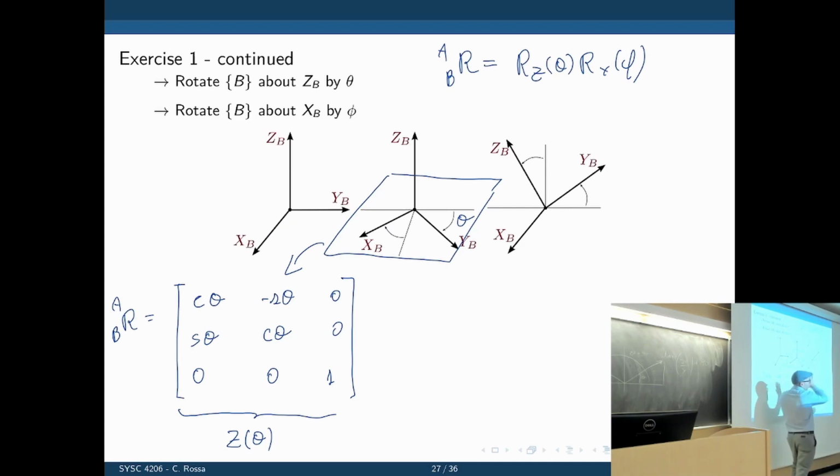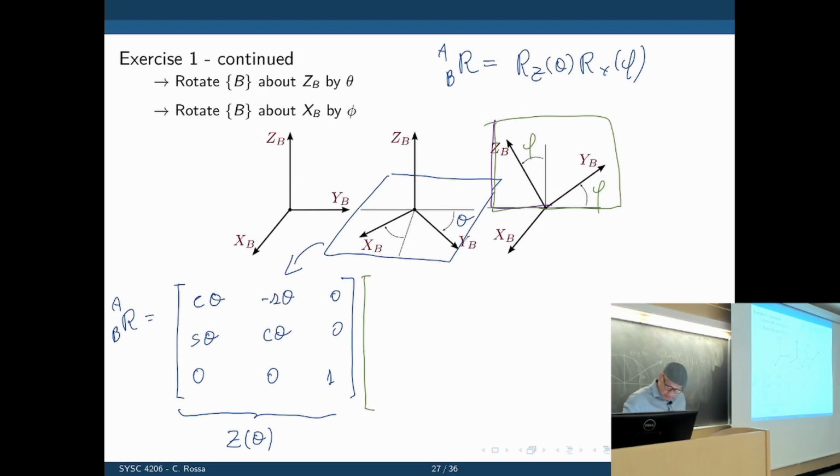So you're rotating now on the screen plane, on this screen plane here by phi. So it's a rotation around XB. And I'm gonna write here 1 0 0, 0 cosine phi, minus sine phi, 0 sine phi, cosine phi.